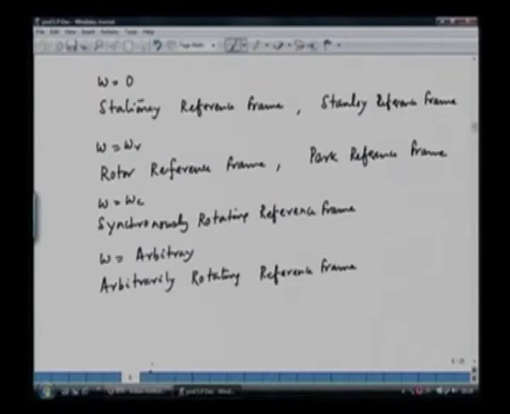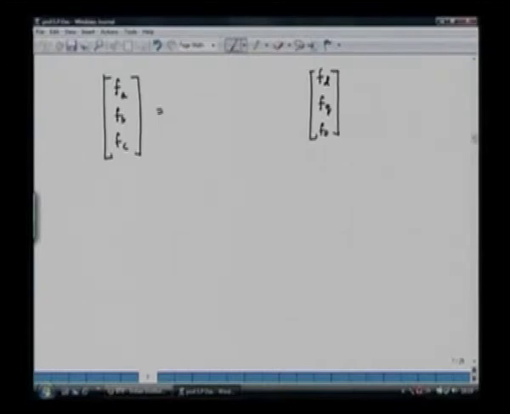And if you want to take the reverse transformation, we can also do that. It means if you want to calculate FA, FB, FC from FD, FQ and F0, we have to take the inverse of the matrix, and in this case the inverse of this matrix is the following.